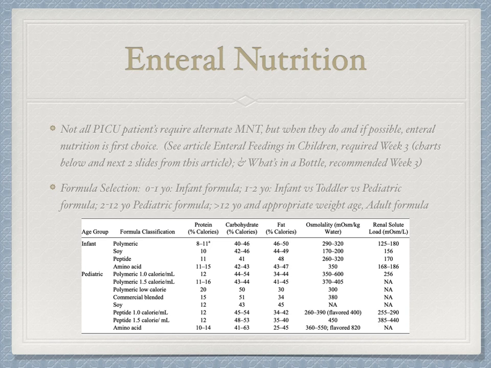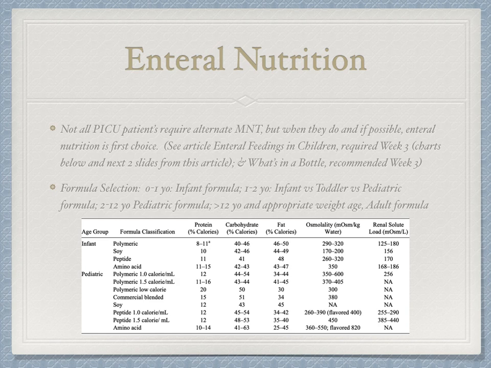Depending on the weight and their diet prior to admit, you could be using an infant versus a toddler versus a pediatric formula. Something to remember is that most infant formulas, unless they're on a special recipe, are 20 cal per ounce, and the standard pediatric formulas, unless they're formula concentrated or reduced cal, are 30 calories per ounce.